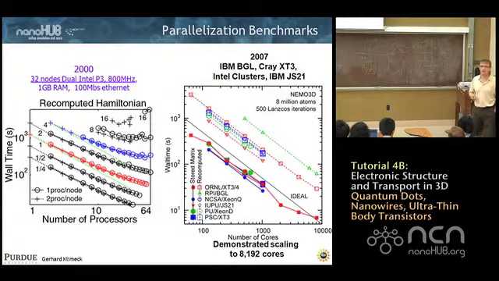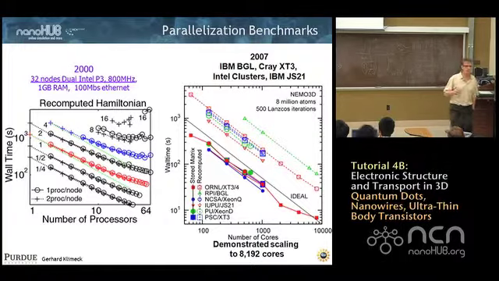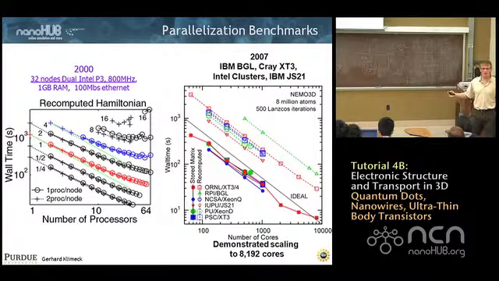Pretty much linear scaling, which is very nice. And the cool thing is that was code that was designed for 16 Pentium Pros. Okay? So if you design it well and know what you're doing, it can still, given the right problem size, scale to 8,000 cores. Okay?